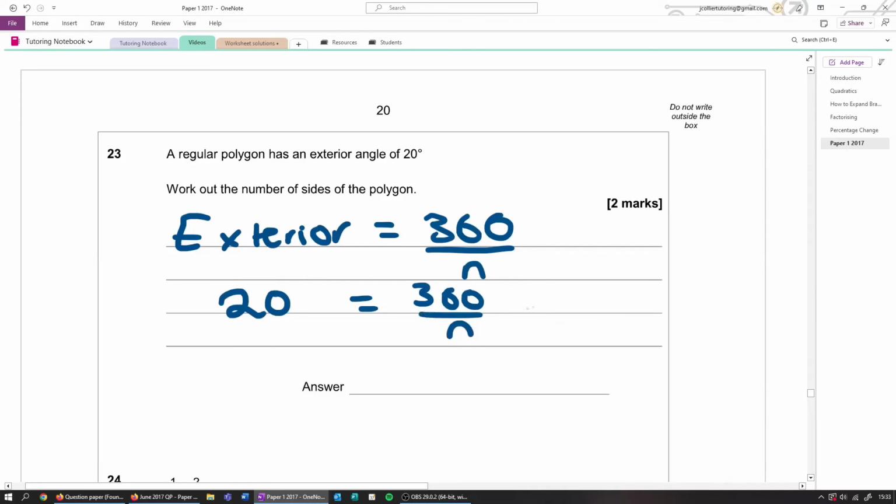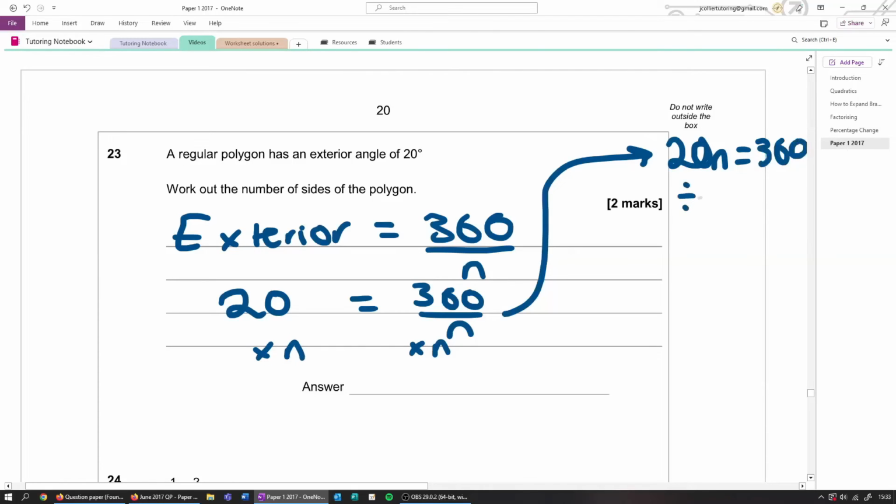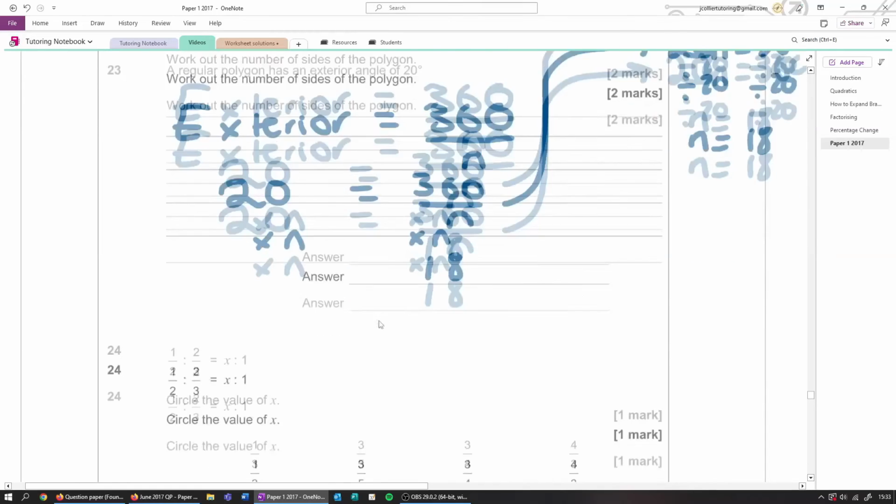We can multiply both sides by n to raise that n up, and we will have 20n is 360, and then divide both sides by 20 to get n by itself, and n will be 18. So this is an 18-sided polygon.